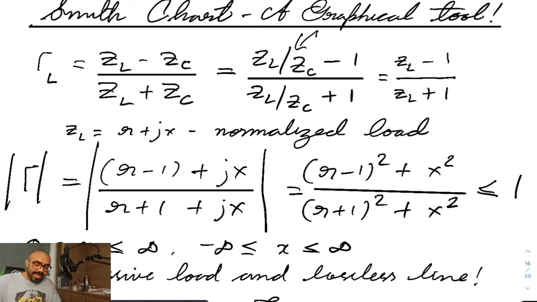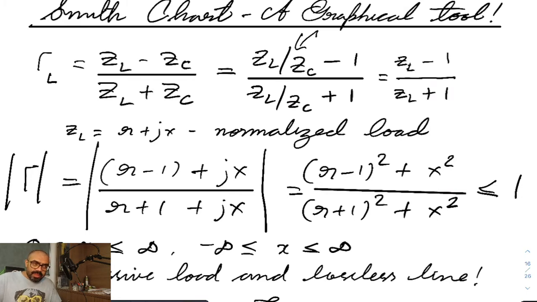The gamma L at the load terminal, for example, is equal to small zl minus 1 by small zl plus 1, where small zl is the normalized impedance. It is capital ZL divided by capital ZC. So for example, a 100 ohm load on a 50 ohm characteristic impedance line would have a normalized impedance of 2.